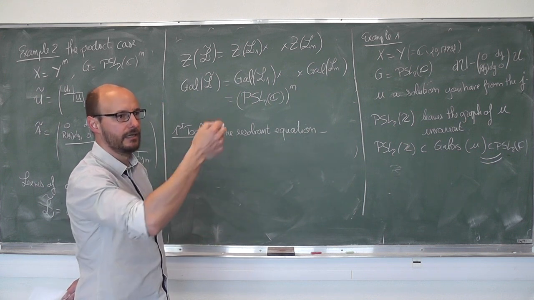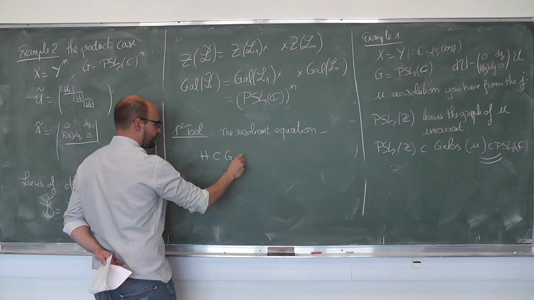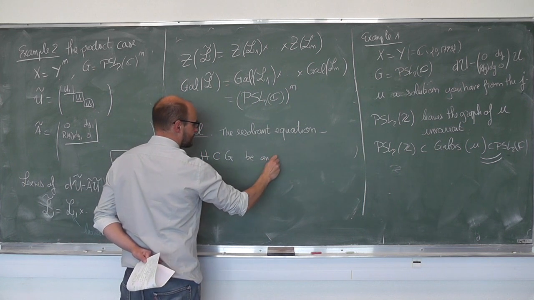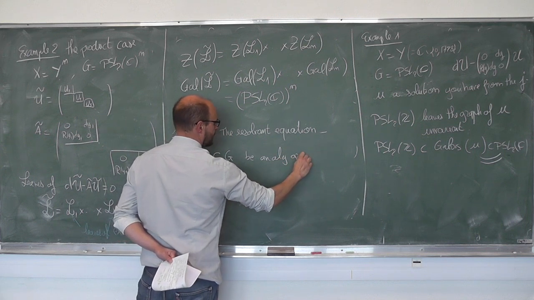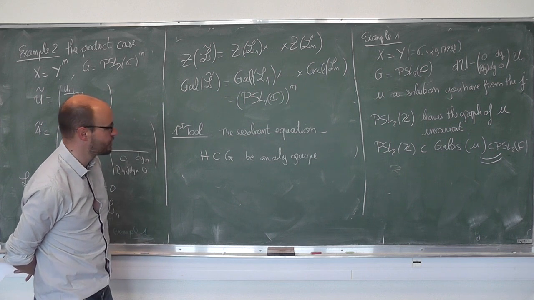You say, let H be a group in G, and you want to know whenever this will be the Galois group of your equation.